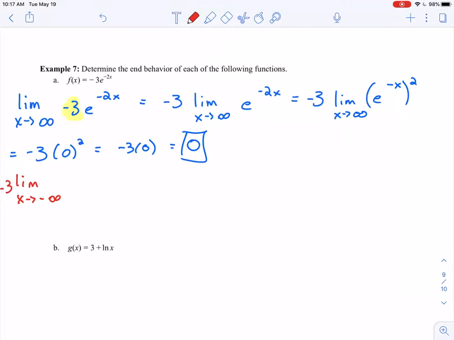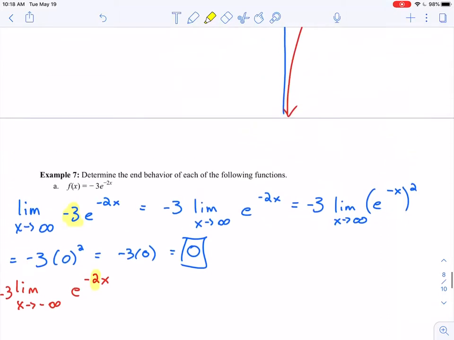Let's do that. e to the negative 2x. And again, you can lean on the information that we stated in the last problem. You can say, okay, I know that this looks like e to the negative x, but I have this multiple of a 2 inside of my function. So what does that do? That takes it and applies a horizontal shrink here. So wherever it's going, it goes there faster.